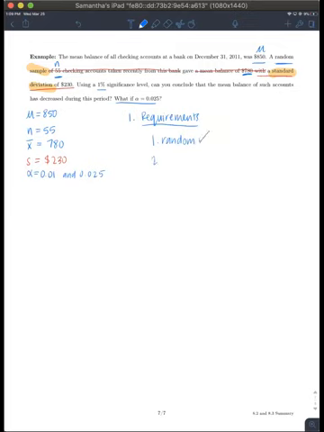Then since I'm testing mu, what do I want n to be bigger than? 30. So n is bigger than or equal to 30 because it's equal to 55. This implies that x bar is normal, which is the real requirement that we're checking for. That's why we check to make sure that n is greater than or equal to 30. And then the second thing that we should do, I'm going to bring it down here. What's the second thing that I should do every time?